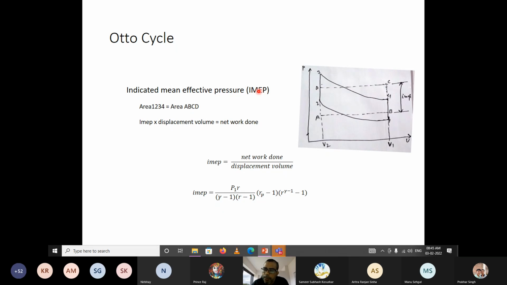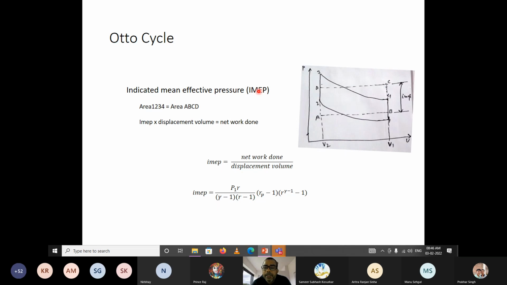So when we have to compare among engines, we need a parameter that is independent of the displacement volume of the engine. If we can find any such parameter that is independent of the displacement volume, then it is better to compare the different engines on the basis of that parameter, and then we can say which engine is relatively good.